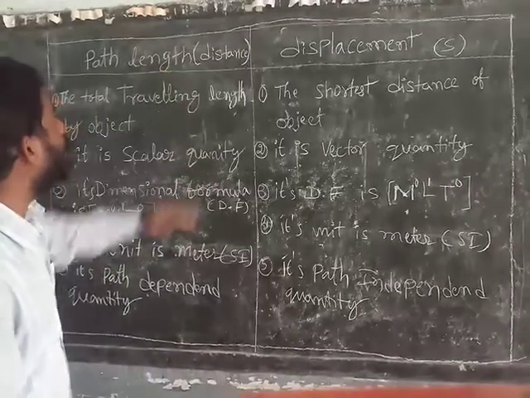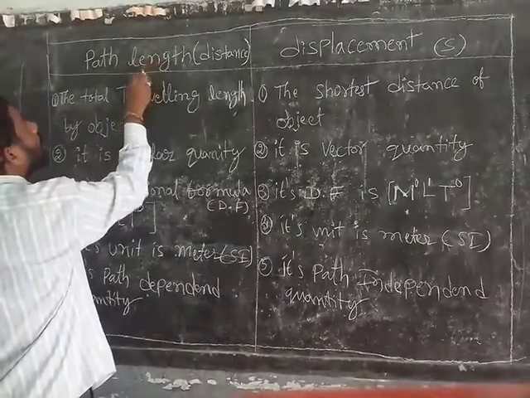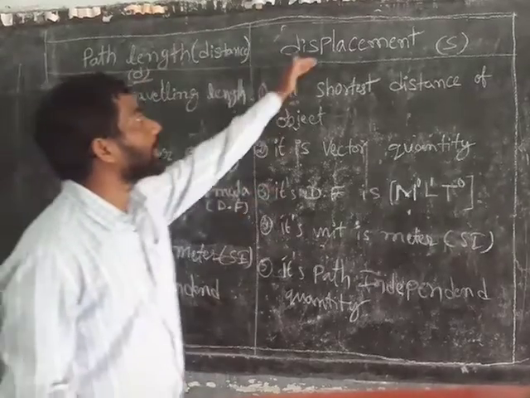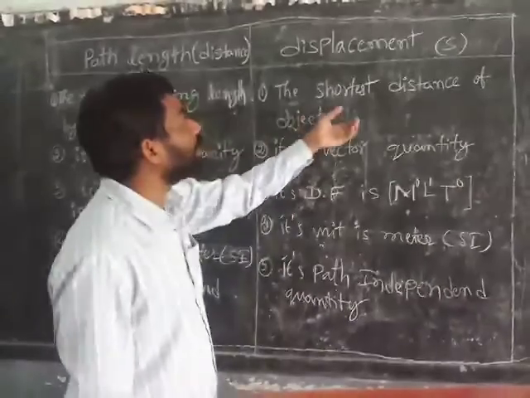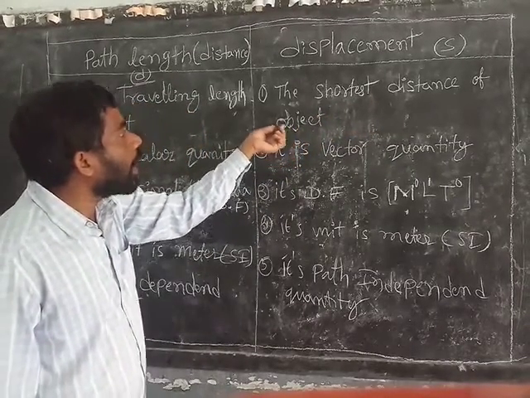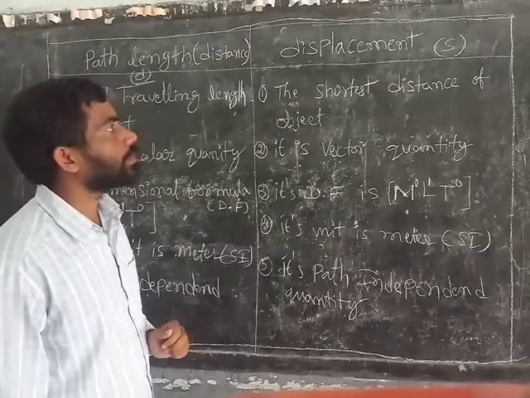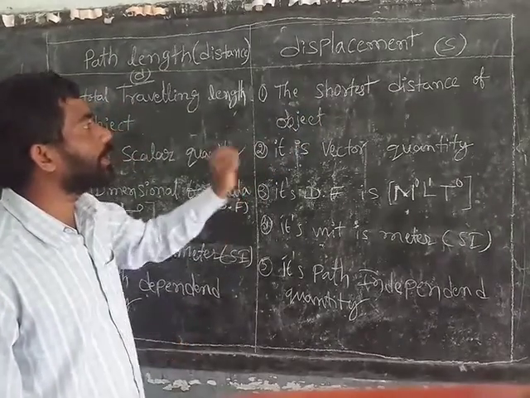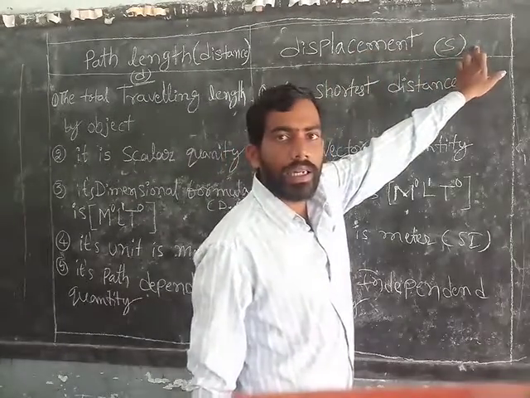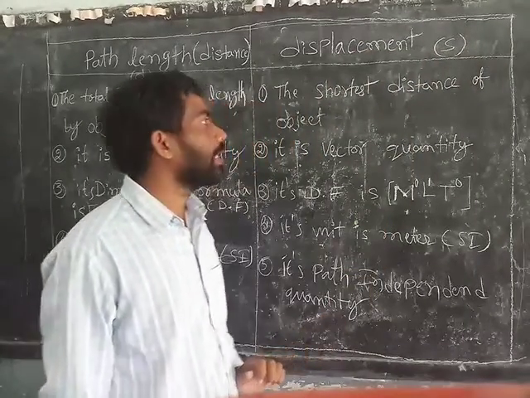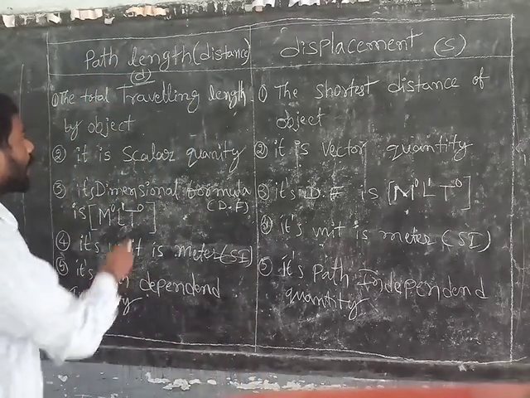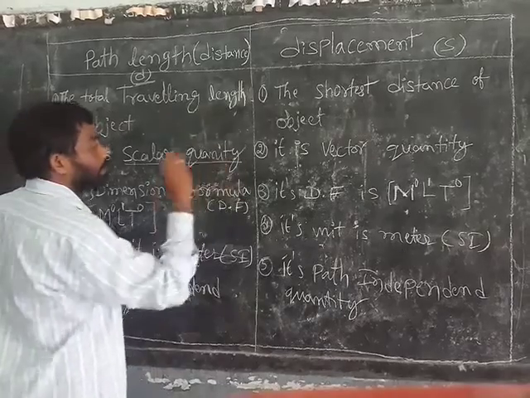This is denoted by the letter D. At the same time, displacement is the shortest distance of the object in the motion, and it is denoted by capital S. And one more thing, the path length is a scalar quantity.